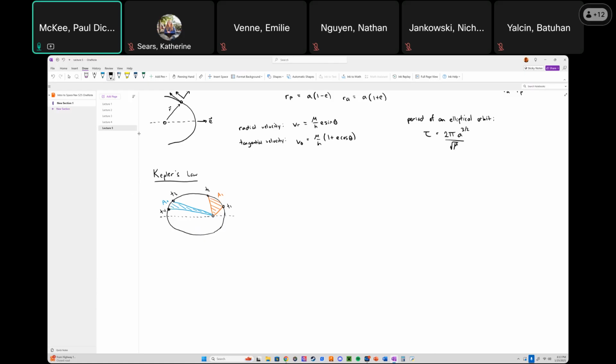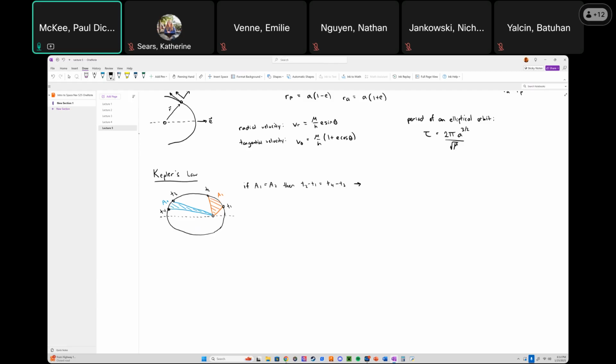So you might be familiar, if you've seen animations of something in orbit, that the further away the orbiting body gets from the central massive body, it tends to slow down. And then when it gets closer, it tends to speed back up again. But what Kepler noticed is that if A1 equals A2, then T2 minus T1 is equal to T4 minus T3.